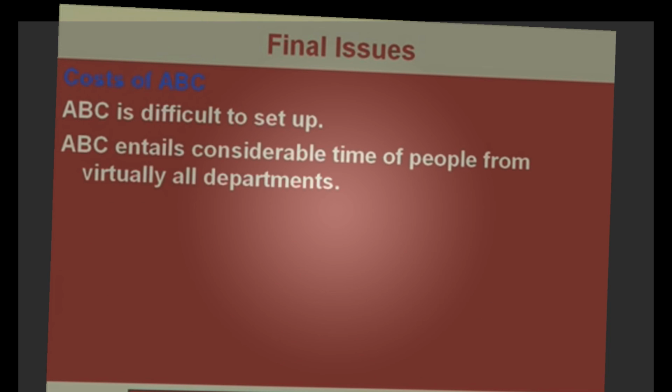The cost of ABC is very difficult to set up. It entails a lot of time because you basically atomize your company, and you've got to get every single person involved and get feedback from every single person.